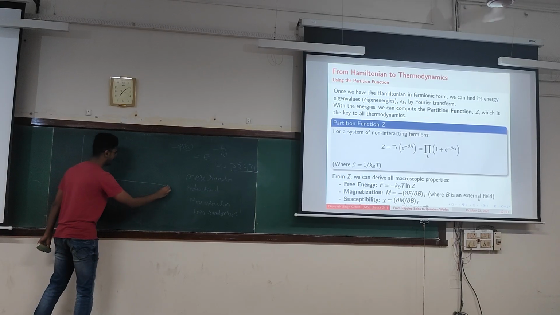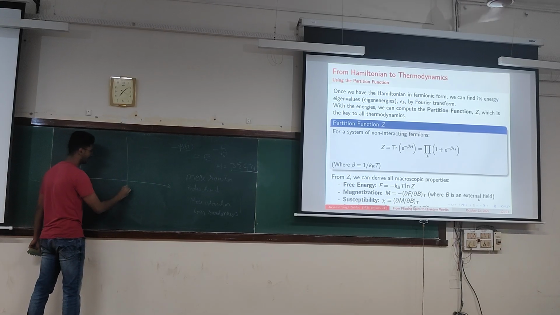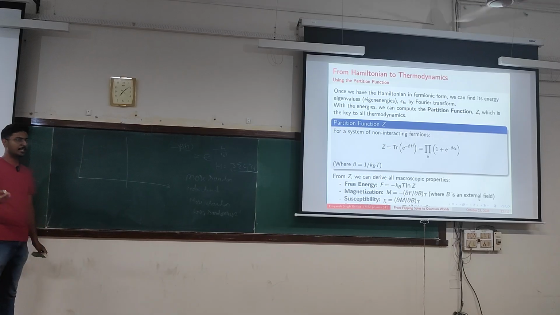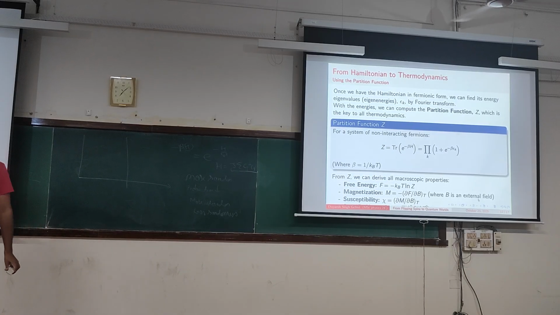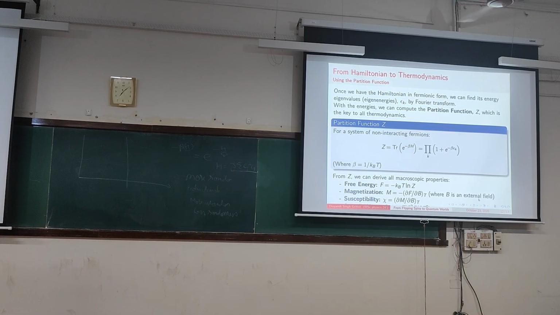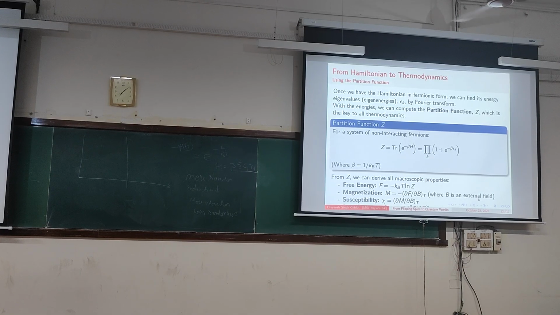What paramagnetism is: spins are randomly oriented, but when you apply a magnetic field, they try to orient themselves. And what ferromagnetism is: irrespective of a magnetic field, all the spins are aligned towards a certain direction. So you get a net spin without an external magnetic field.